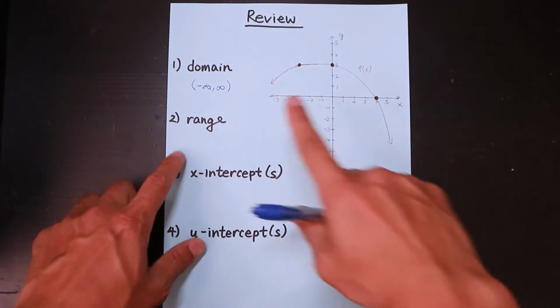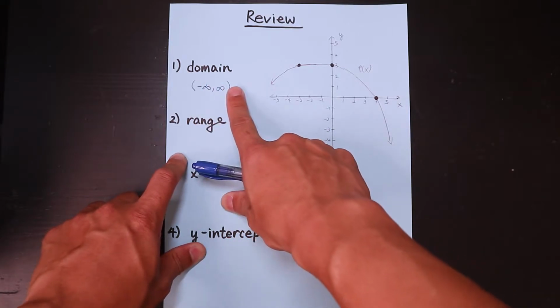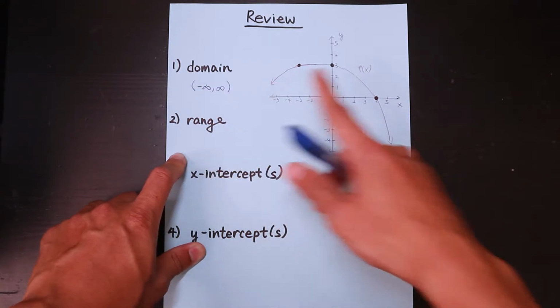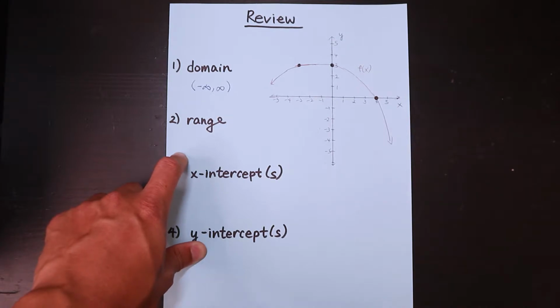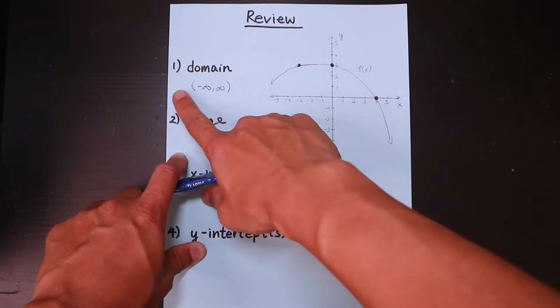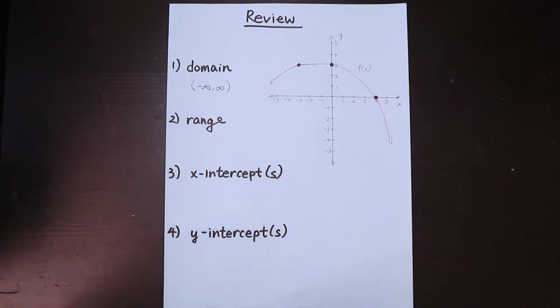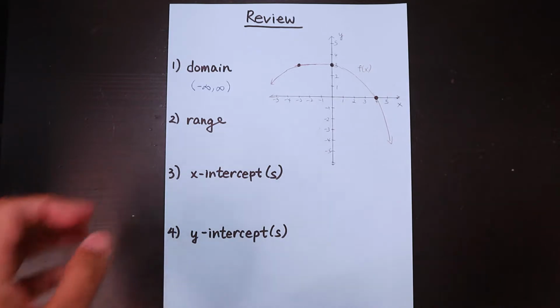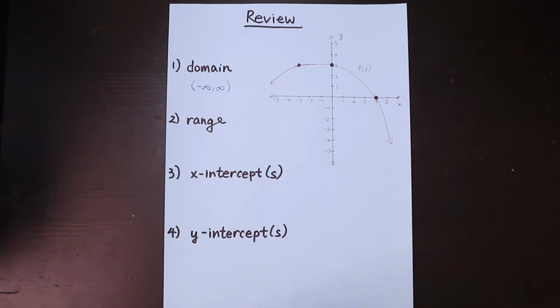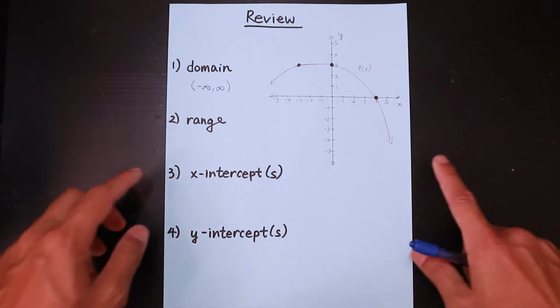And remember, for infinity, we always use parentheses. We never use a bracket because we will never reach or include infinity. Infinity is not a number, it's just a relative symbol that tells us we're going on the number line forever and ever, okay?